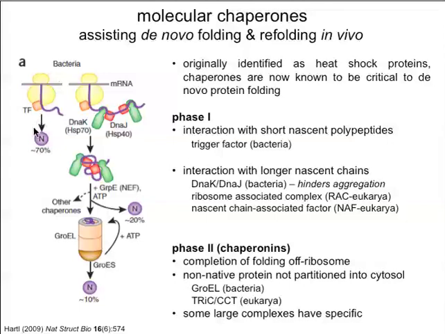So here what we see is the trigger factor handing the nascent chain over to DnaK, DnaJ then associating with that free protein off the ribosome and delivering it, again via that kinetic partitioning, to the GroES complex, which we'll describe again in a moment. And GroEL prevents that non-native protein from partitioning out into the cytosol, where it can undergo again those aggregation events.